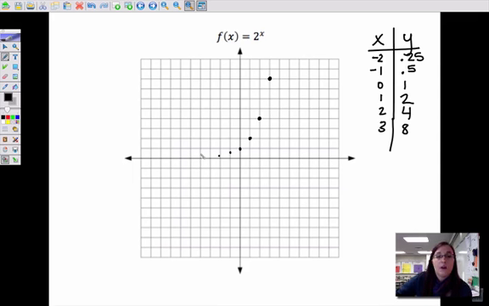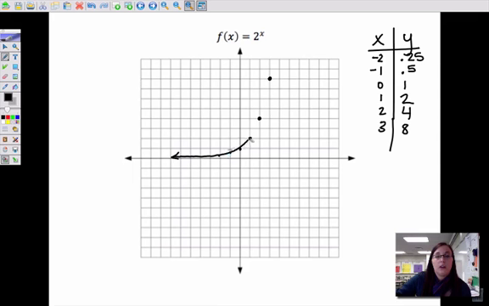I can see that it's going to get bigger and bigger exponentially on this side. There's not going to be a vertical asymptote here, because this is an exponential function. I'm going to be looking for a horizontal asymptote, and in this case it's the x-axis, because the values here are getting increasingly smaller, but they will never actually reach 0. They'll just get closer and closer to 0.